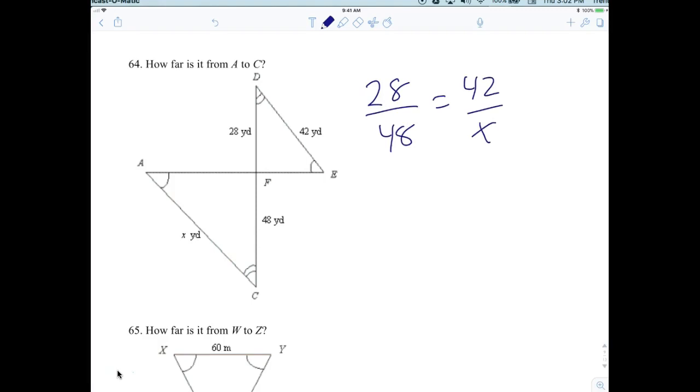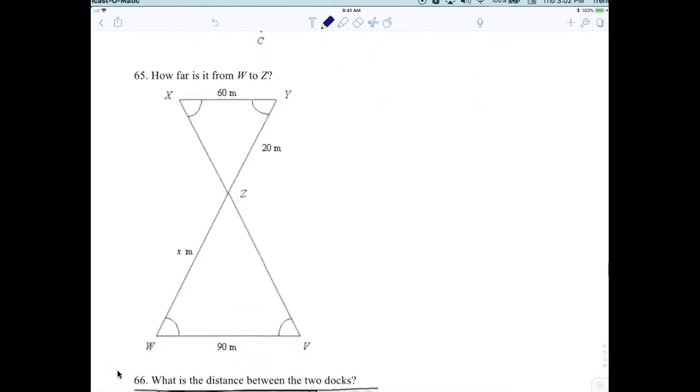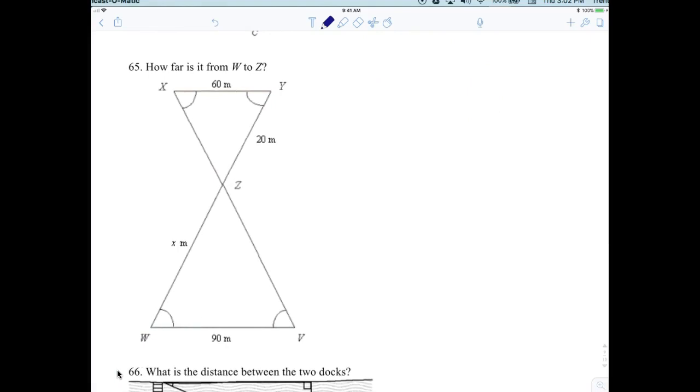All right, let's do another proportion. Twisted one, 65. Avery, go. No, the other Avery. Go. Quick. It's 20 over x. 20 over x. You're awesome, girl.